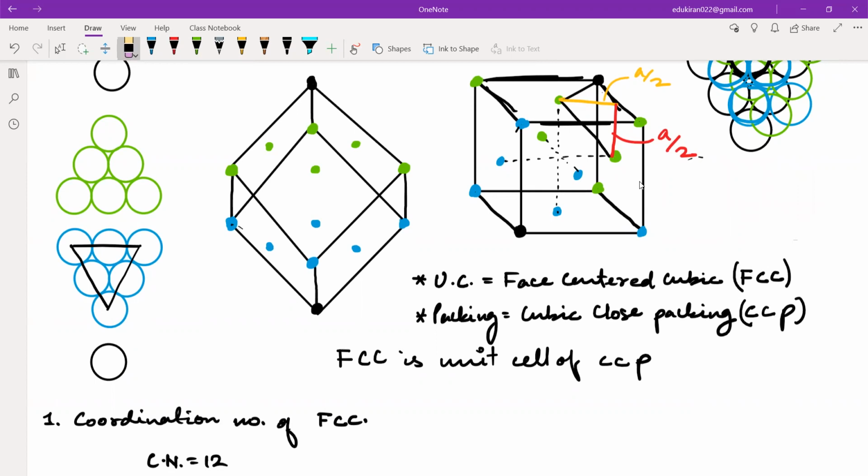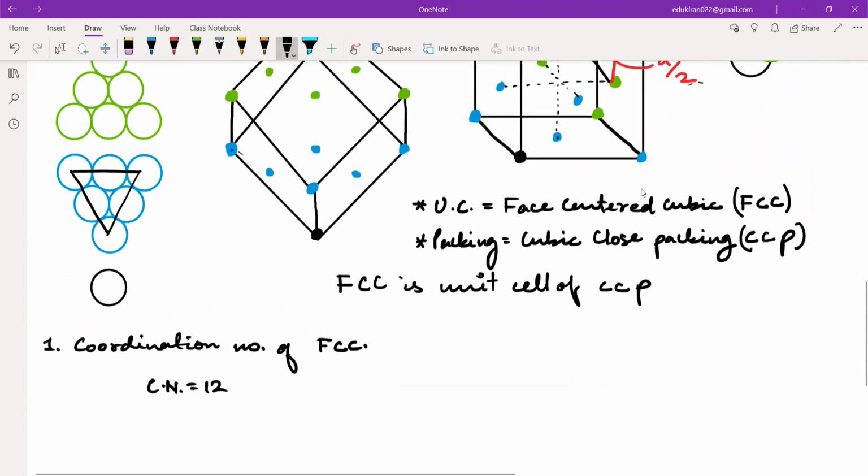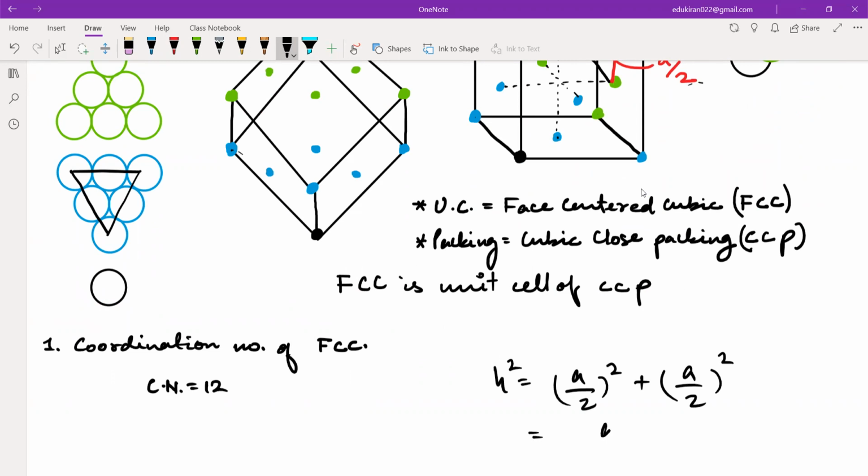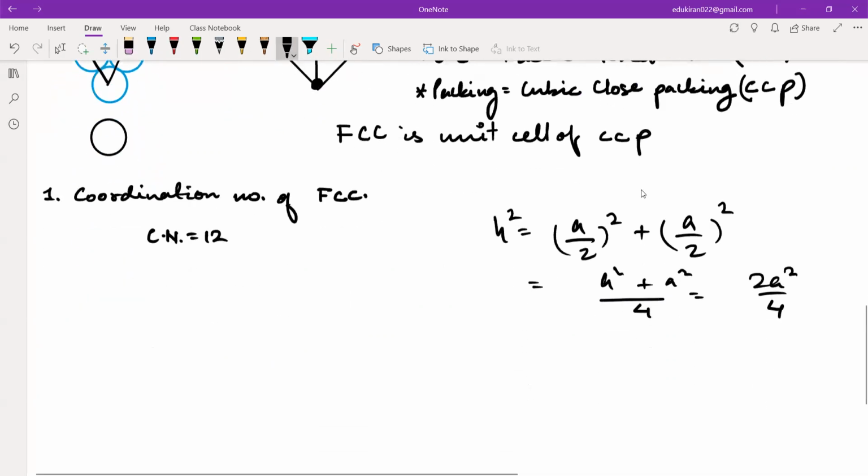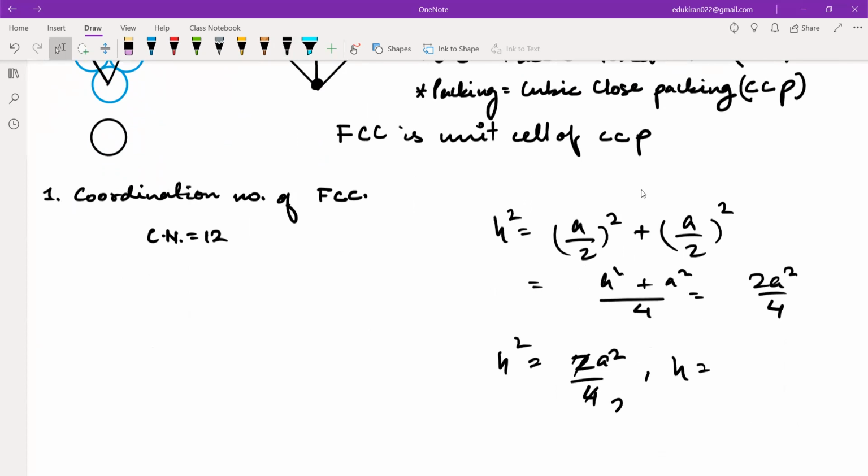Let me write it here. h square will be equal to a by 2 whole square plus a by 2 whole square. This will be equal to a square plus a square divided by 4, which will be equal to 2a square by 4. And h square is equal to 2a square by 4, and hence h will be equal to a by root 2. Is that right? Yes or no?